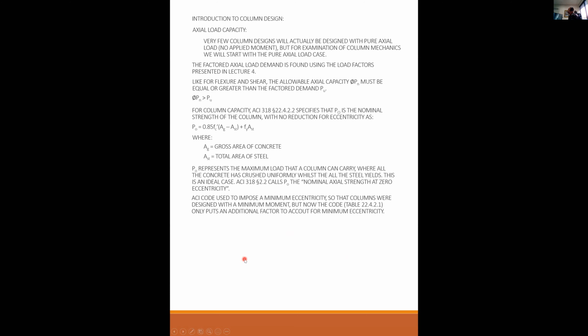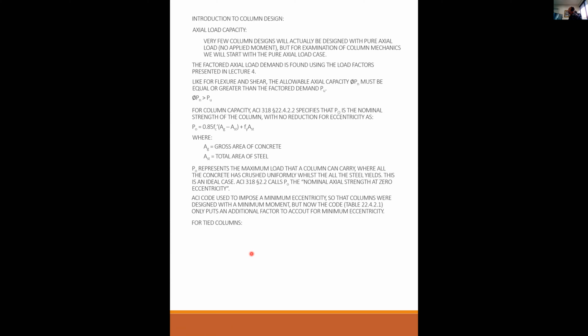ACI code used to impose a minimum eccentricity so that columns were designed with a minimum moment. But now the code in Table 22.4.2.1 only puts an additional factor to account for minimum eccentricity. So it's kind of like a backdoor way to ensure that you're not underestimating any accidental moments that may occur on that column.